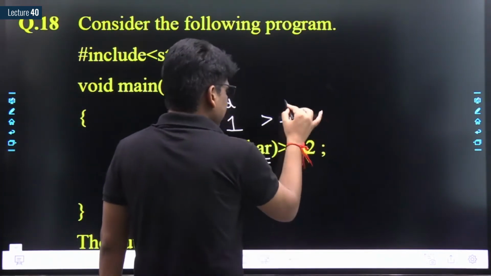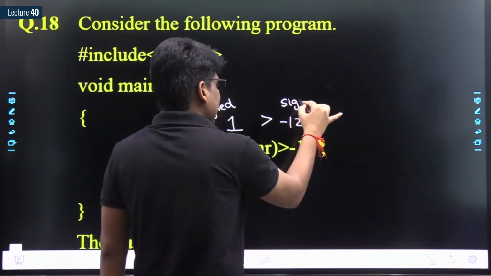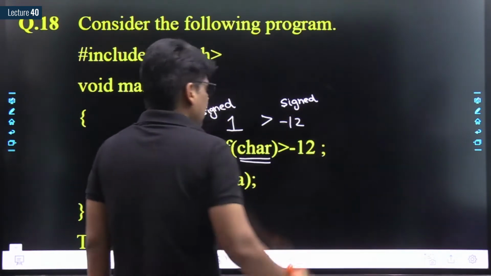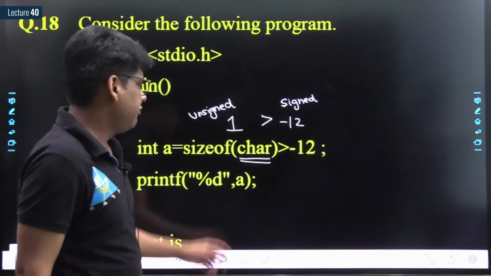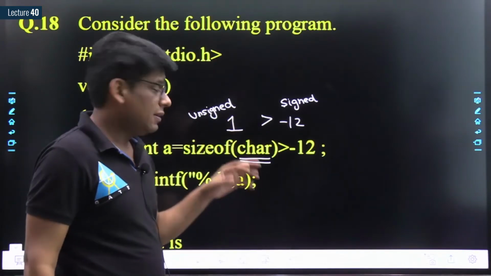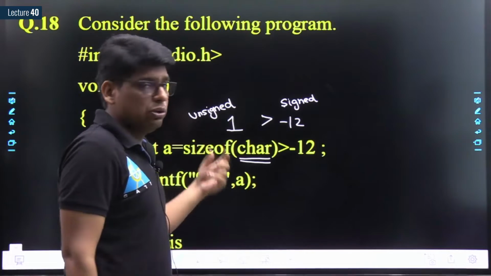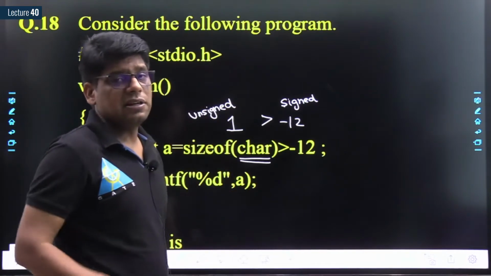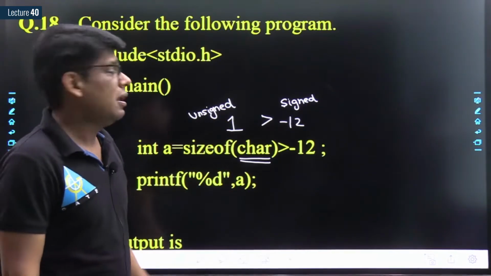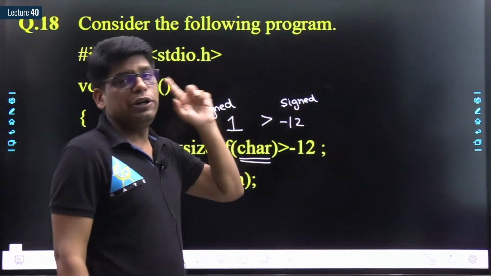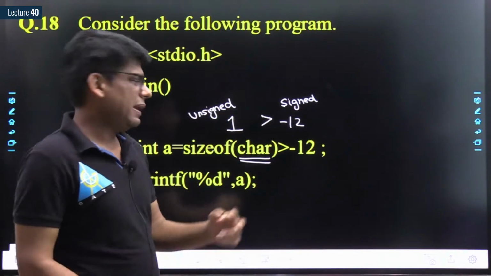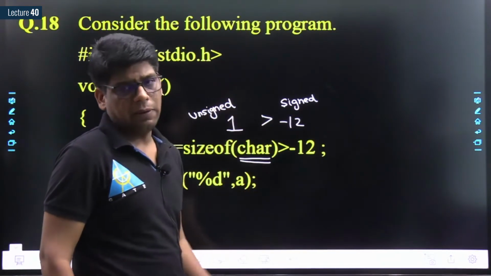And here we have a negative value, so can I say this is a signed value? Yes. How does the compiler work? Whenever there is a comparison like this, the return value is unsigned, so the compiler will convert this signed value into unsigned. That means the comparison will be done in the same type.